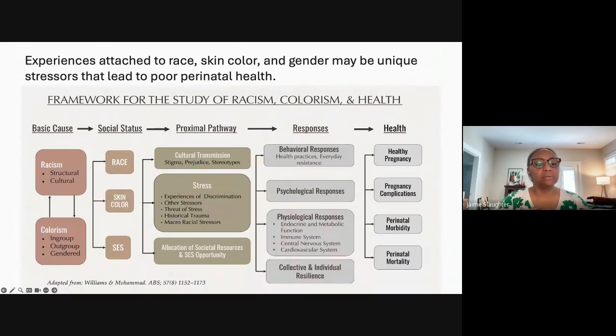When I first started this work, there had been quite a bit done looking at experiences of racial discrimination and how that may influence perinatal health outcomes. But there had been no work that looked at how colorism may lead to or shape perinatal health outcomes.